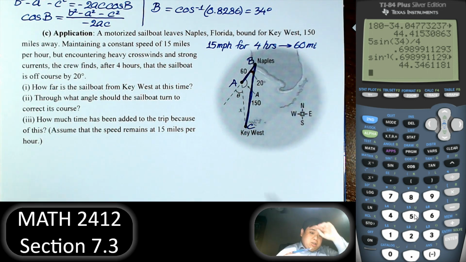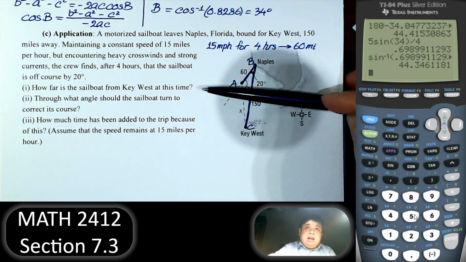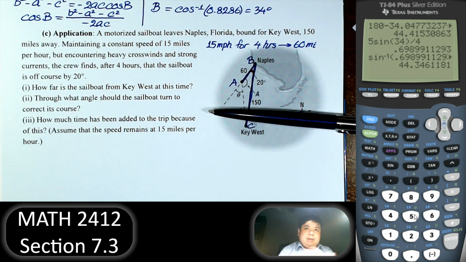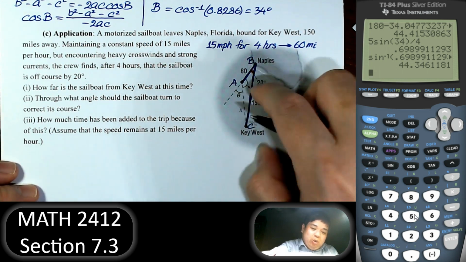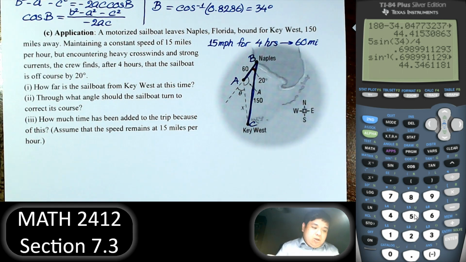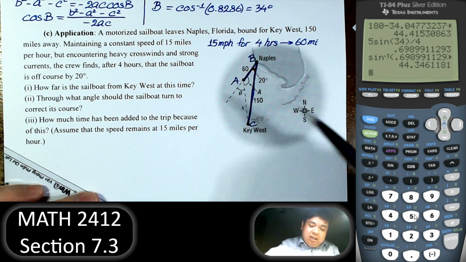Assume a constant speed of 15 miles per hour, and also assume that the effect of the wind is only for the first 4 hours. After that, there's absolutely no wind. Like that, perfect conditions. So we can just travel straight there. Right. So we have A, B, and C.